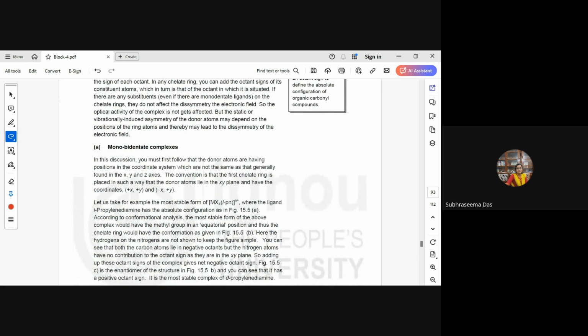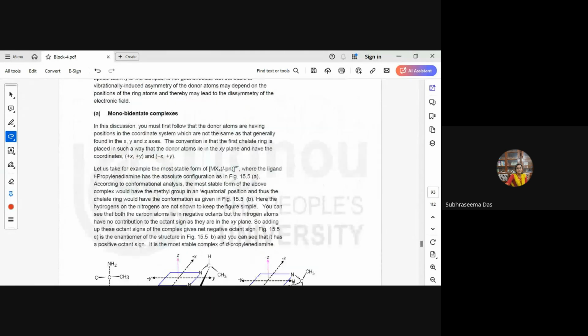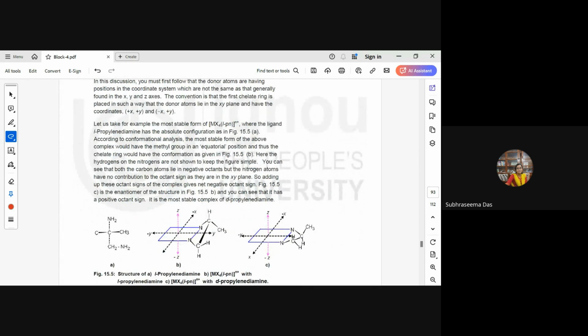So we'll start with monodentate ligands. Here in monodentate ligands, we must follow that the donor atoms have positions in the coordinate system which are not similar to that of the generally used xy axis. Let us consider this example, the complex MX4, where the ligand LPN indicates L-propylene diamine.